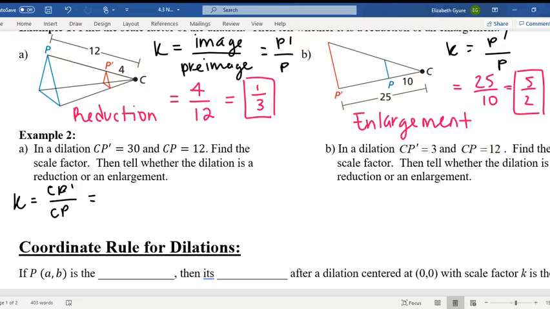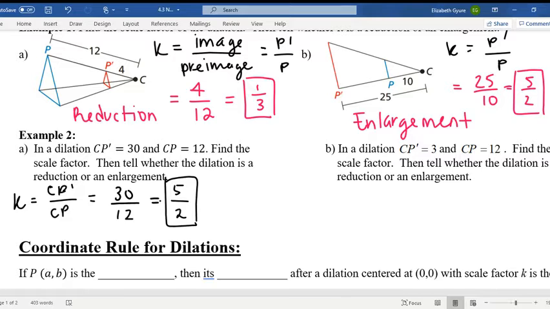So what's your measurement for CP prime? 30 over not prime, which is 12. Can you reduce 30 over 12? Yeah, reduce them both by 6. So what's 30 divided by 6? 5. What's 12 divided by 6? 2. So 5 over 2.